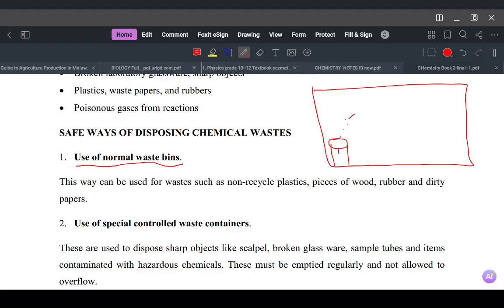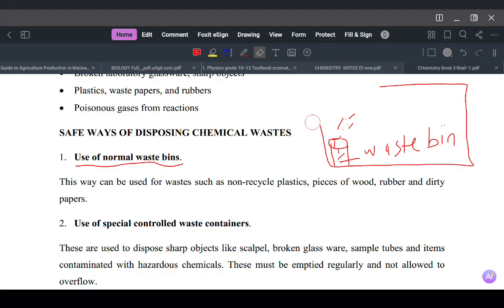Every time you generate waste, this can be swept and thrown into this bin. This is called a normal waste bin, into which wastes are thrown.